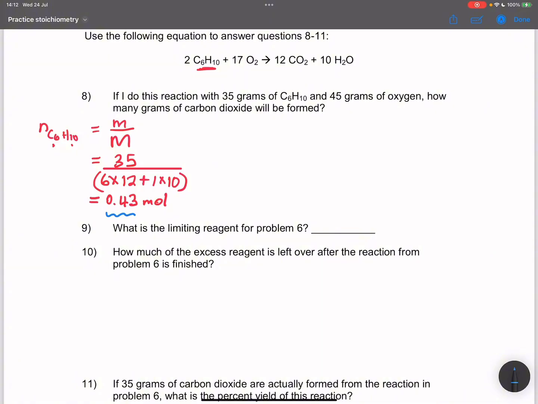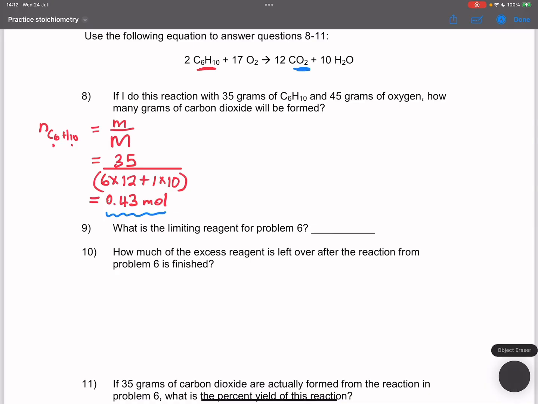Okay. Now, ladies and gents, let me check. Given these number of moles, let's assume that hexane, C6H10, was the limiting reagent. How many moles of carbon dioxide would I be able to produce? Whichever one would give me the least number of moles should be the limiting reagent.